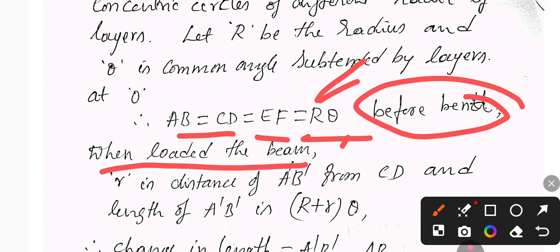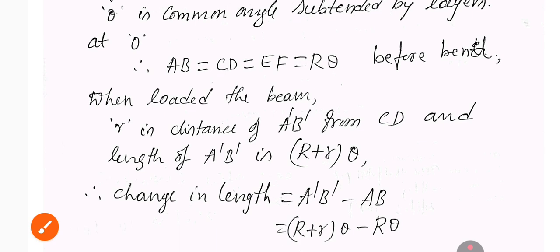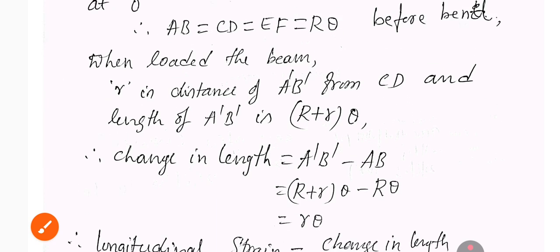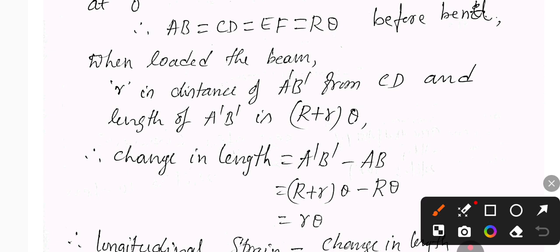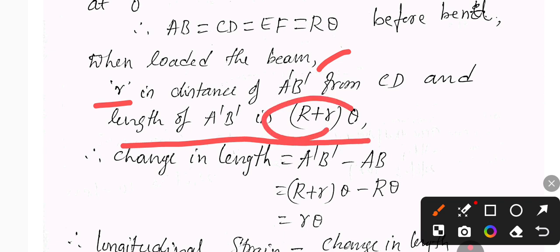When load is applied to this beam, AB elongates, EF contracts, whereas CD remains the same. That is called the neutral axis. When we apply load, as you know AB elongates, so A dash B dash elongates with radius small r from CD. Then the length A dash B dash is given by R plus small r into theta.